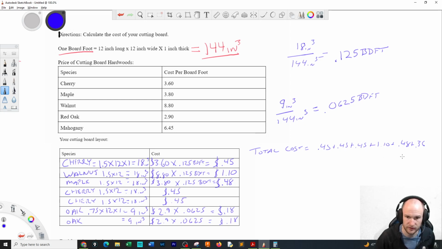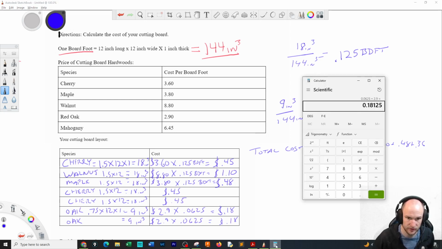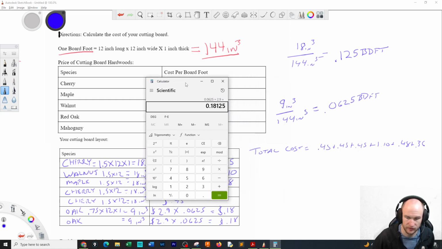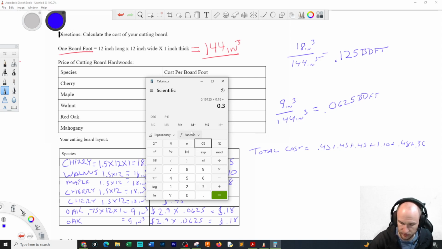So I'm just going to add those together, and it's quicker to punch in the calculator for me anyway. So 18 plus 18 plus, we'll clear it out so we don't have all the extras. So we got 0.36 plus 0.48 plus $1.10 plus 0.45 plus 0.45 plus 0.45.